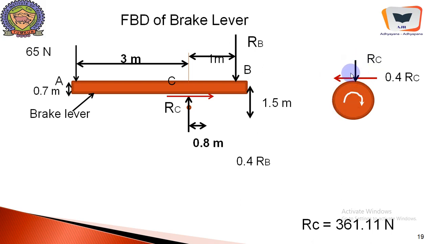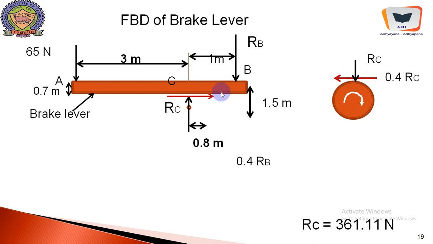This is the vertical reaction offered by the braking arm to the wheel, and this is the frictional force opposing this rotation, because if you take moment with respect to center, this will create anti-clockwise rotation. So the clockwise rotation is opposed by this frictional force, which will generate anti-clockwise rotation.